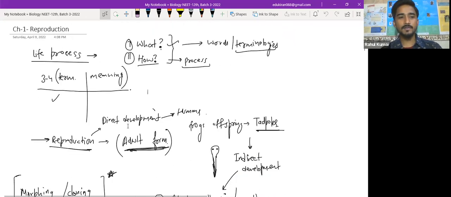The last two classes were the first introductory classes where we started with understanding reproduction from the context of a life process. I also told you about the importance of making a terminology section, correct? I hope every one of you now has a separate copy with the terminology section defined in it. Everyone has it? Just confirm.